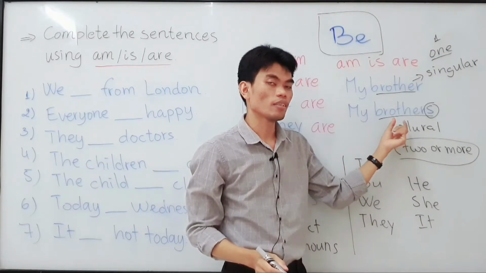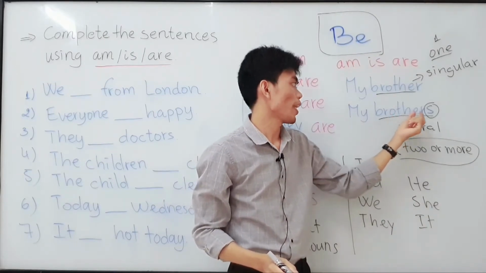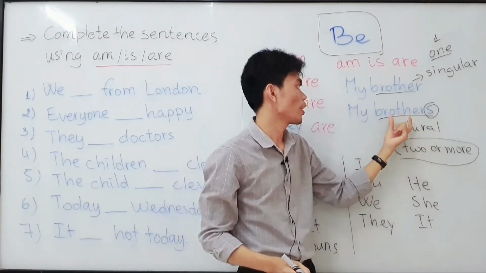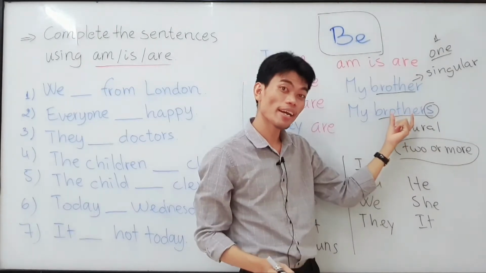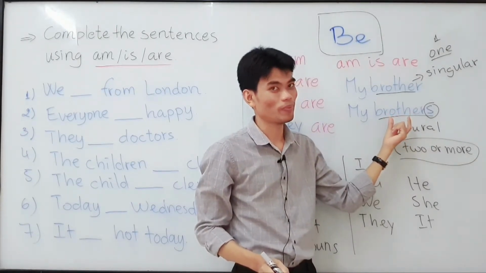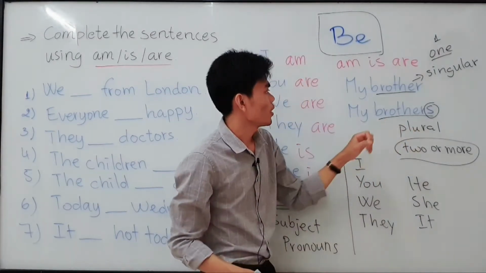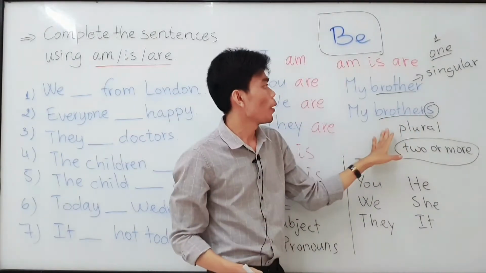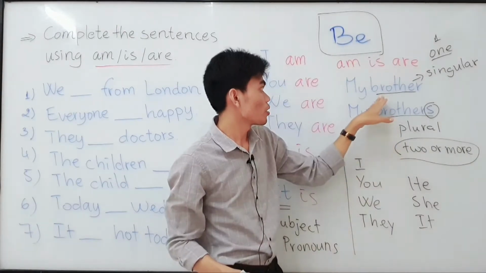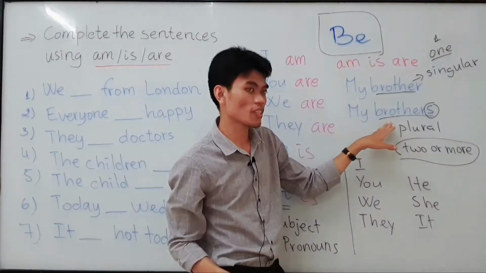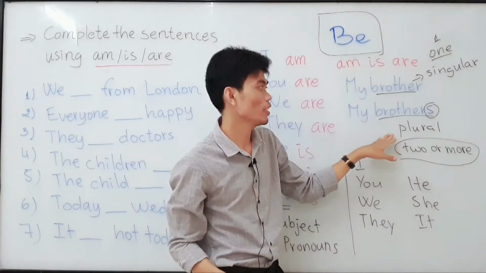Usually, in English, we add s to the noun when the noun is plural. So, my brother, singular, my brothers, plural. Okay?